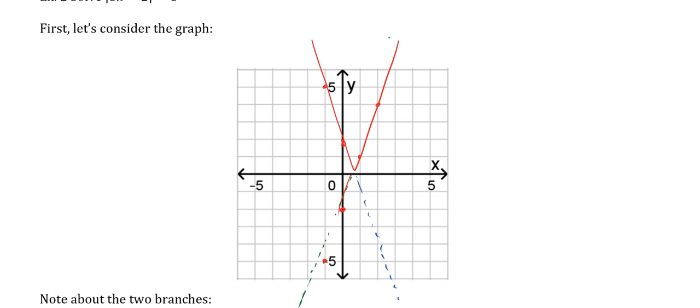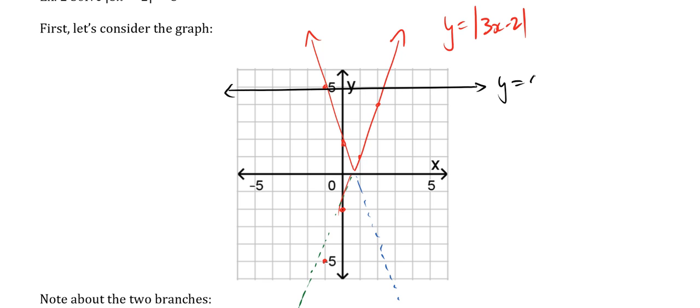So the red graph is y equals the absolute value of 3x minus 2. And I got to use a totally different color now, so I'm going to use black. I'm going to graph the line. This is the line y equals 5. And so where those graphs overlap is the solution to that equation.